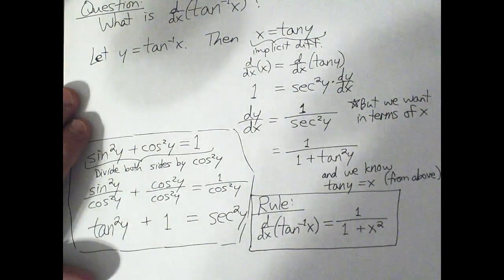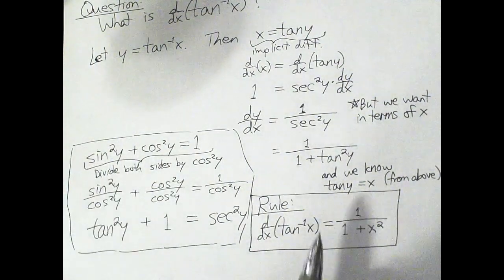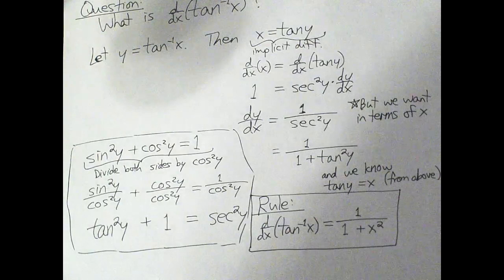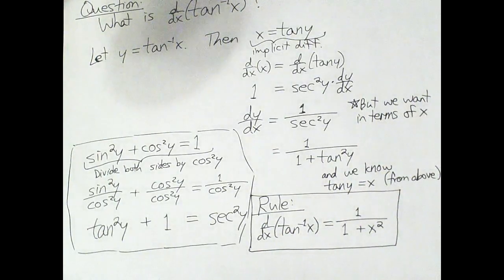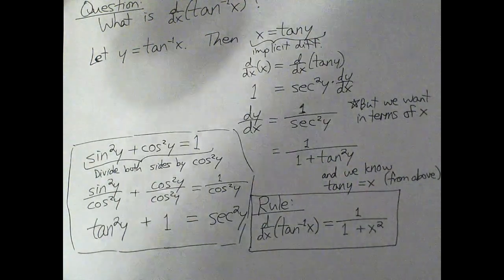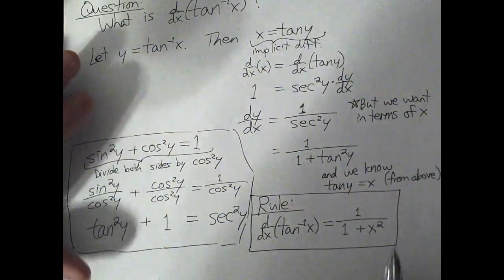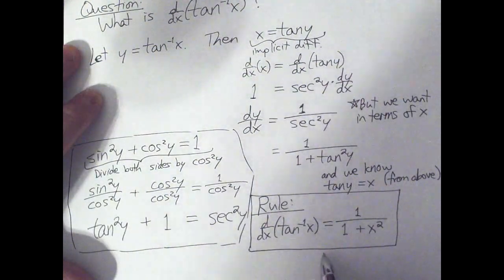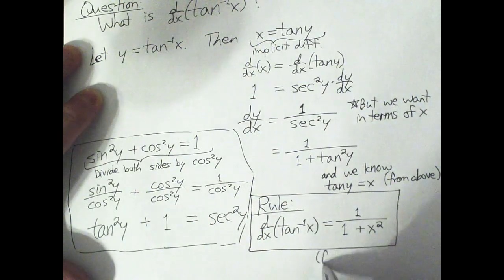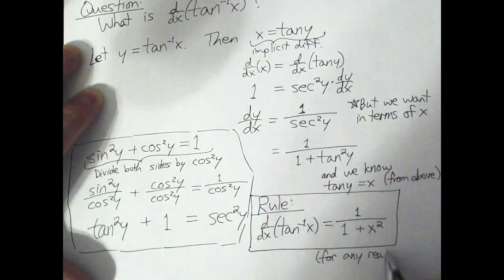By the way, there are 2 things that I want to say about this rule. Let me just give you a chance to catch up in case you're still writing any of that. All right, 2 things I want to say. First thing is that this formula actually works for any real number x.